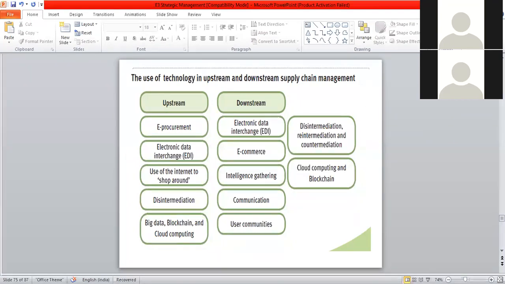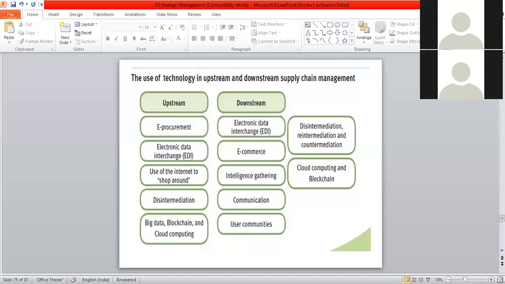When they are connected through some electronic medium and the data can be exchanged, that platform is called electronic data interchange. It can connect suppliers, it can connect customers, and whatever is the requirement, if the data can be exchanged, that is called electronic data interchange.